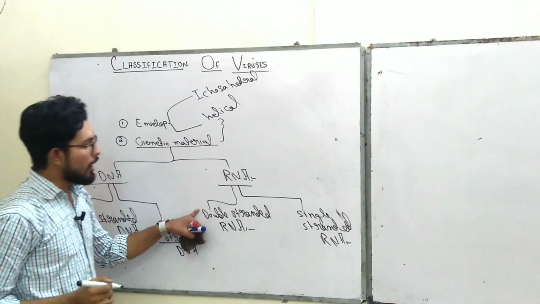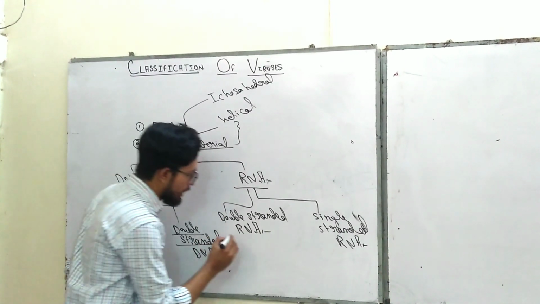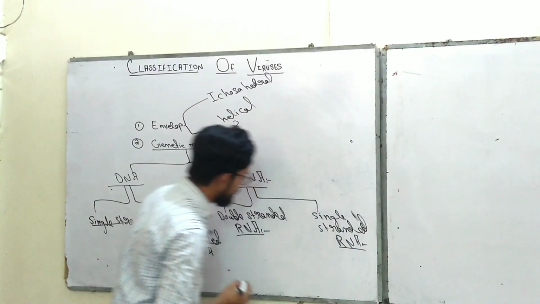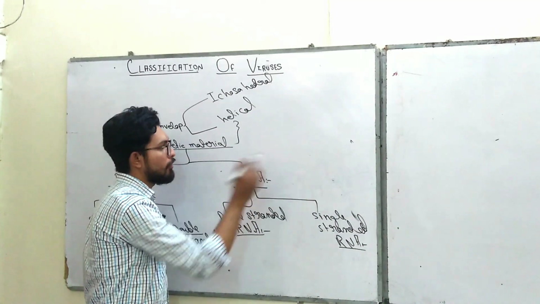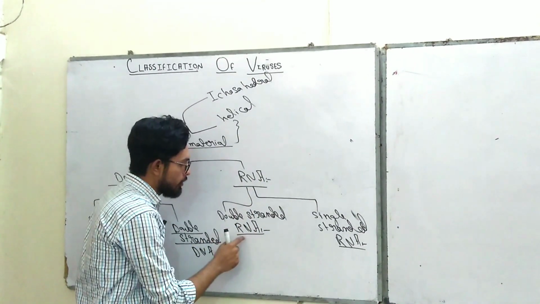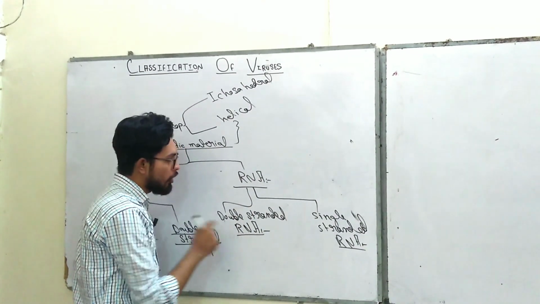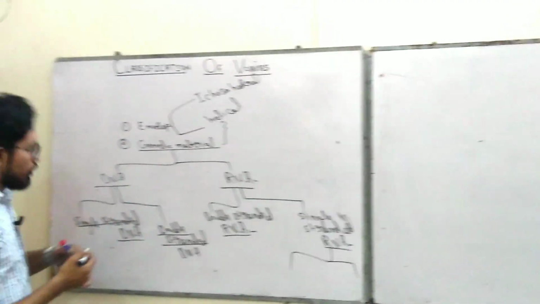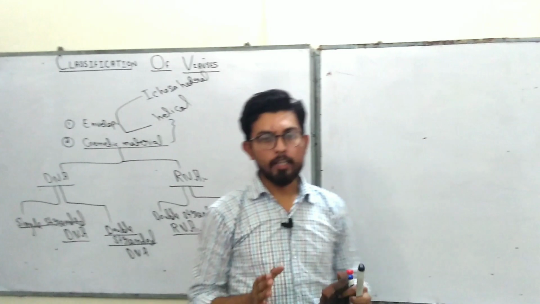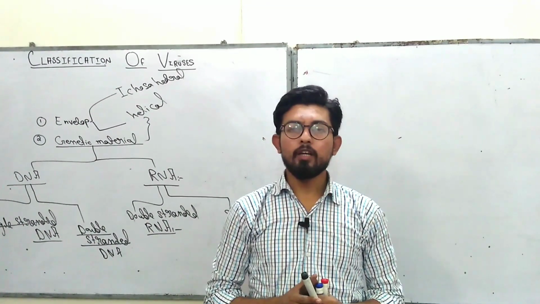So in double-stranded RNA the structure remains the same as normally found in RNA, meaning it has ribose sugar, which has an oxygen at the 2 position, and RNA contains uracil instead of thymine.